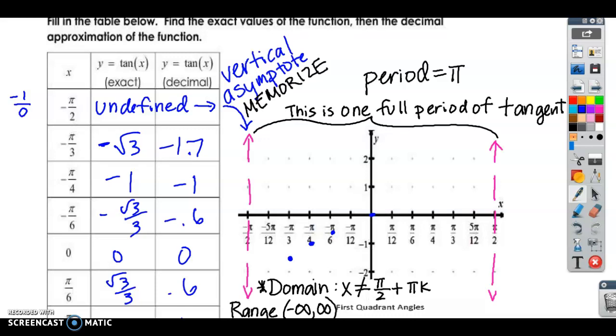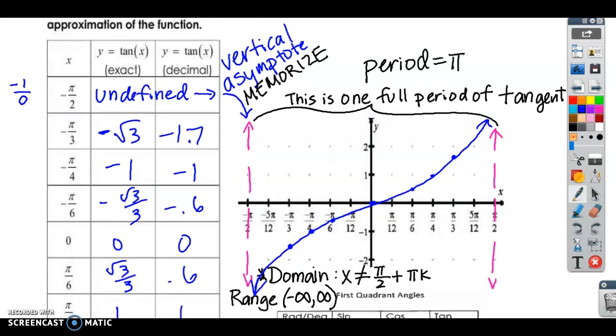And then the other way we should have the similar values, but now they're positive. So 0.6, 1, and then 1.7. Okay. And what's happening is this graph is approaching the asymptotes from both directions here.